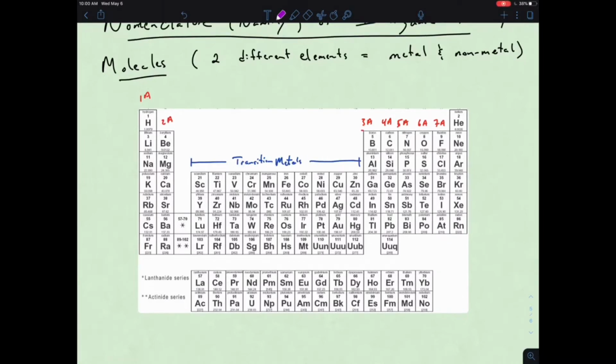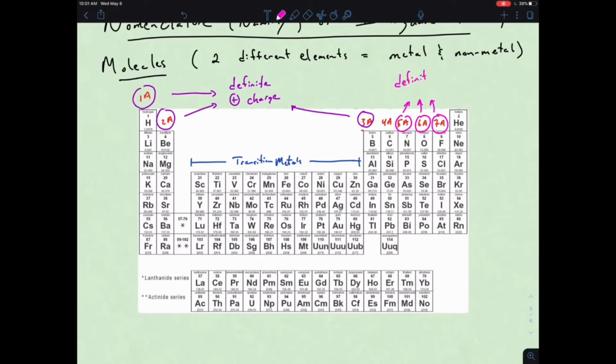What we have here with our group 1A, 2A, and 3A, we have a definite positive charge. And if we look at elements in like 5A, 6A, and 7A, we can say the same thing as far as a definite charge, but now a definite negative charge, because we're on the far right side of the periodic table.